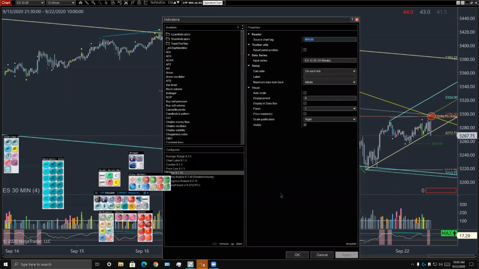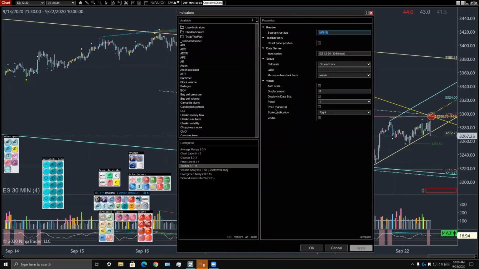See how it says min4 there for the toolbar source chart tag? So that's the min4 chart. It can be a 30-minute for the ES, or it can be a 60-minute for the bonds.